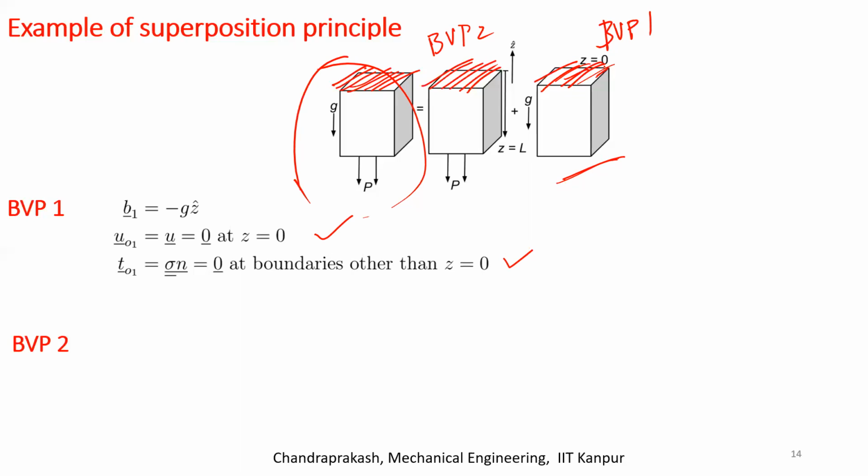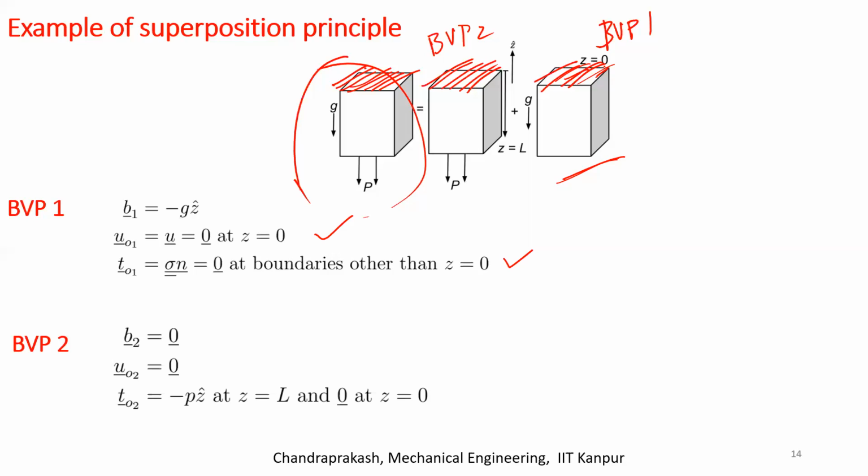Whereas for the second boundary value problem, I don't have a body force. The displacement is 0 on the top, which is prescribed. And there's a traction at z equals L, and there is no traction at z equals 0.